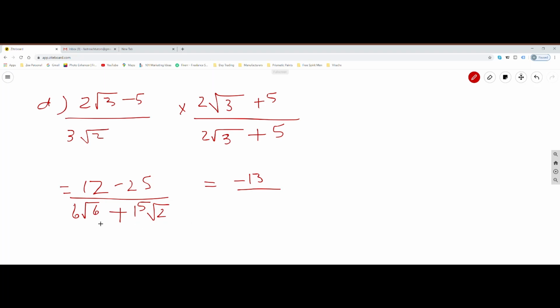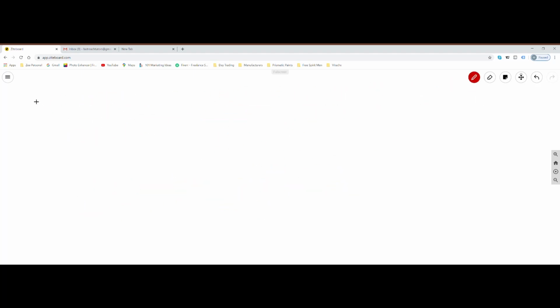The only thing that we can take out is 3 and square root 2. So take out 3 square root 2. And you're left with 2 square root 3 plus 5. It's D.